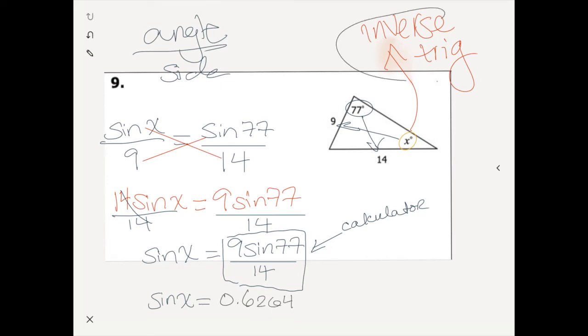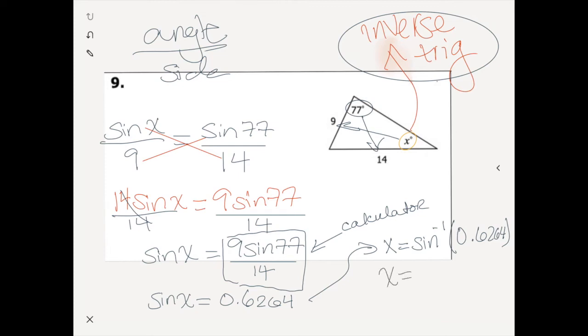Now we can use inverse trig, and we can say that x is equal to the inverse sine of that decimal, 0.6264. And if you put that in a calculator using the inverse trig button, you'll see that x is 38.8 degrees.